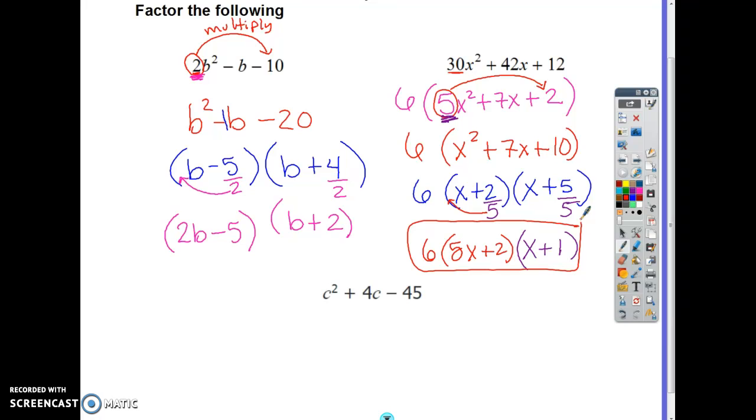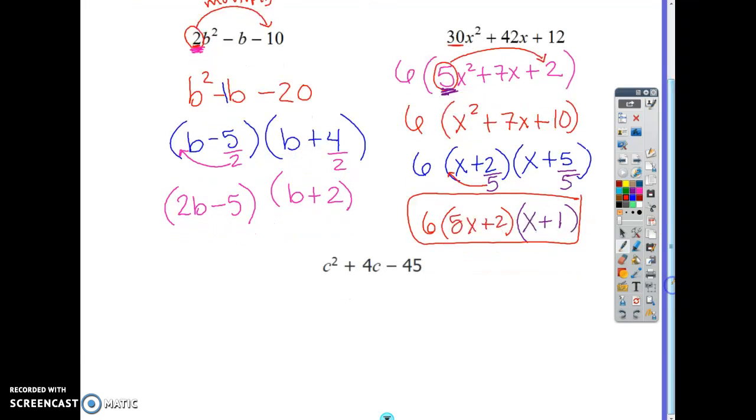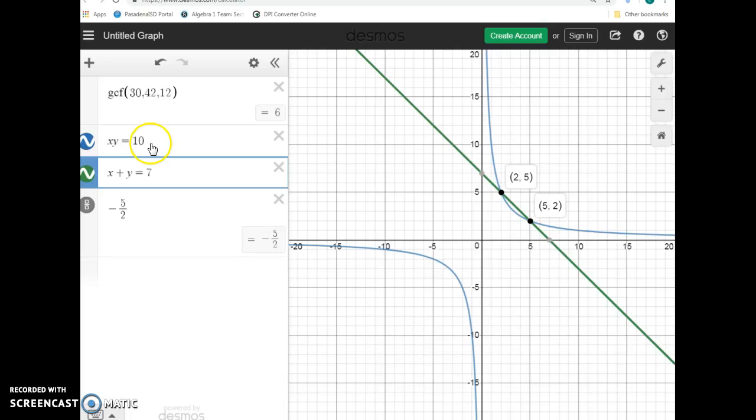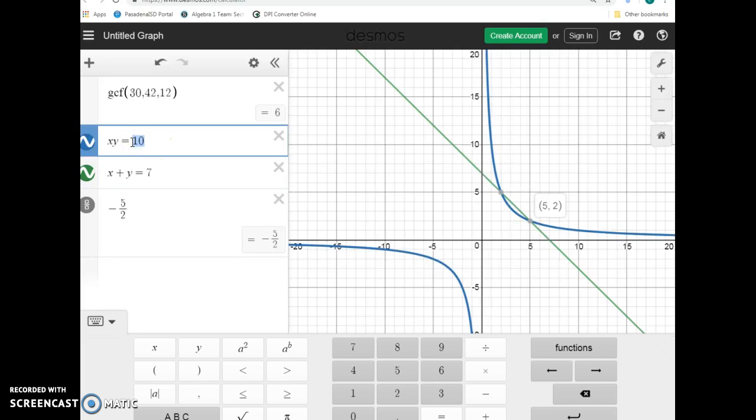And then the last one, I left the easiest one for last. There is no number in the front, so I don't have to do GCF. I don't have to multiply this times this. You just take those numbers and you put them in decimals, and that'll give you the final answer. So type negative 45 and positive 4 right here.